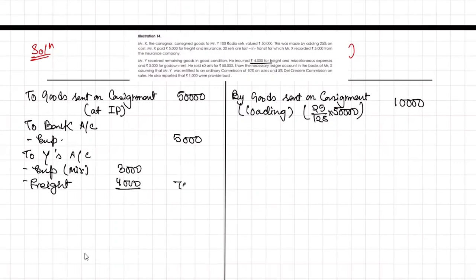That will be 7,000. He is also entitled to receive commission to Y's account. Now the commission are ordinary commission and del credit commission. We have to calculate this.